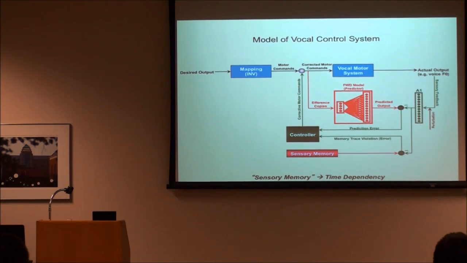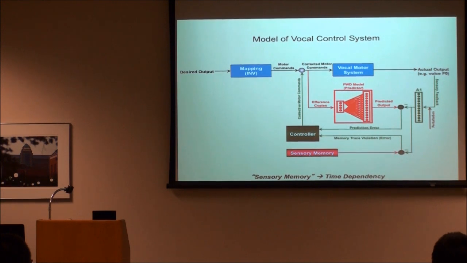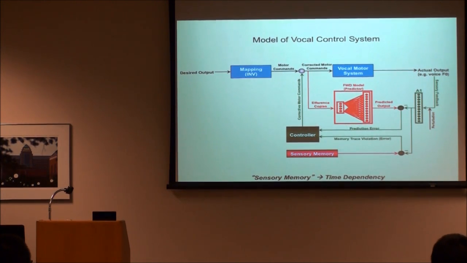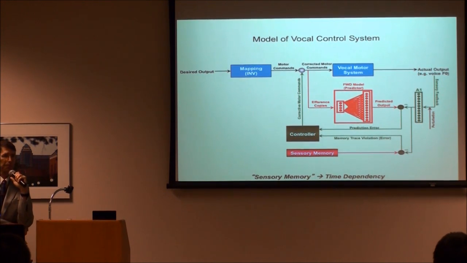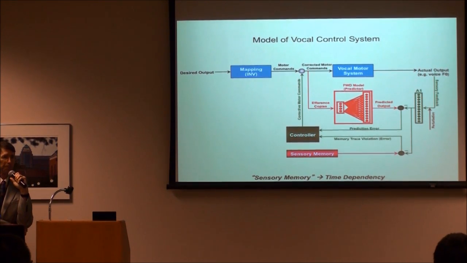So you mentioned at the very beginning that you are measuring the response when the subject is vocalizing, right? So when the subject is producing the sound, and you let the subject hear his own voice through the earphones, actually the subject is hearing two voices.